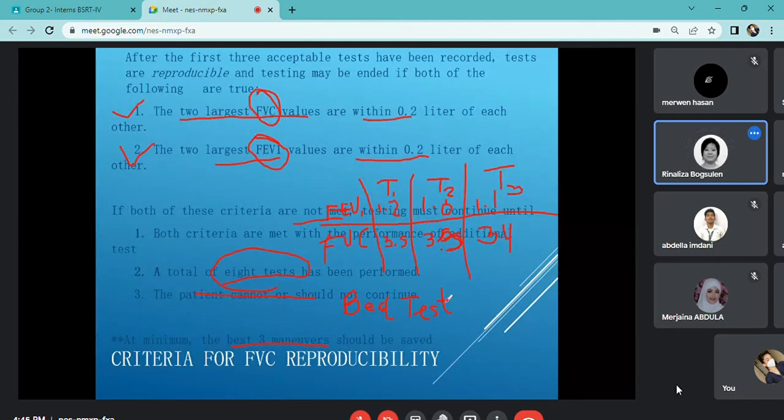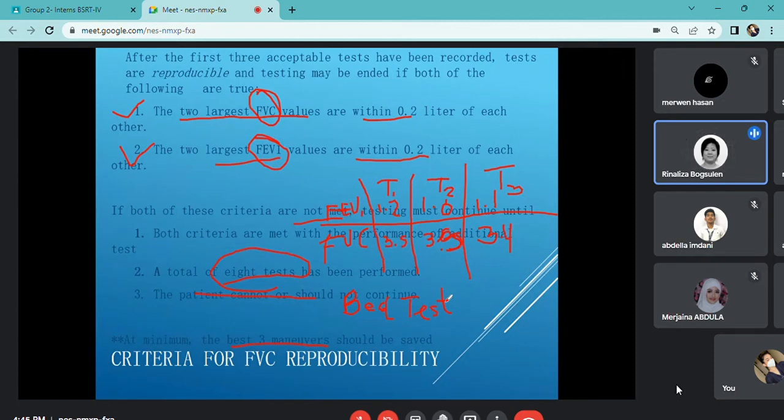Trial 1. Others? Other answers? So sabi ng isa sa inyo, trial 1. How about the rest?